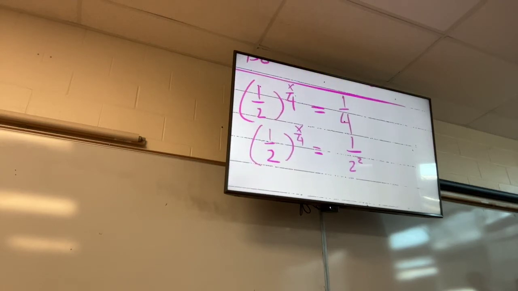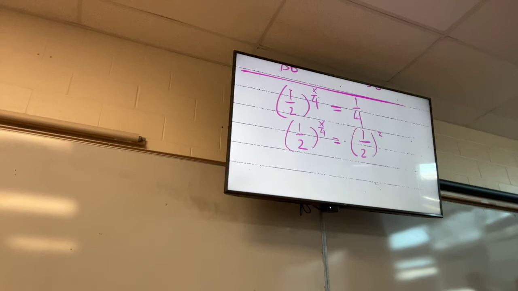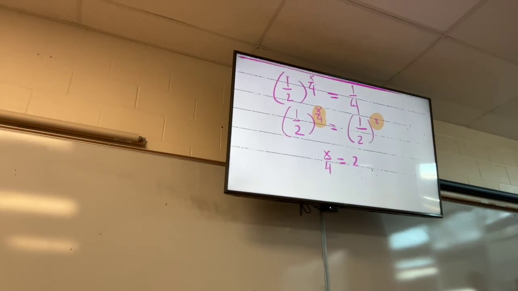Okay? 1 over 2 squared is the same thing as just 1/2 squared, right? Okay. That's just a thing. Now what do I have that are equal to each other? The bases are equal, so the exponents have to be equal. X over 4 equals 2, or x equals 8.